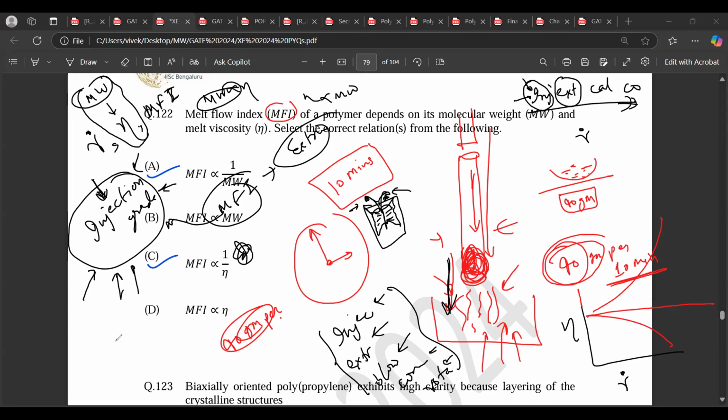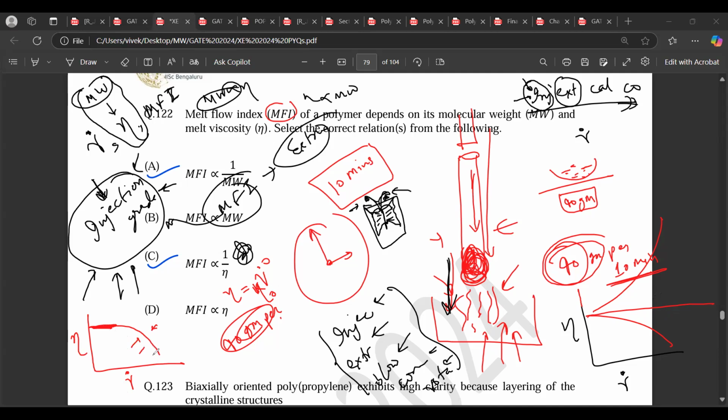Now if I want to plot it, the actual polymer behaves like this. So here it's a constant, eta is gamma dot to the power 0, it's a constant, of course, eta naught. And then it starts following the power law.